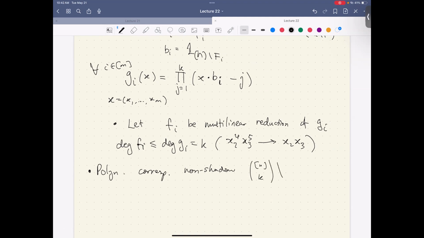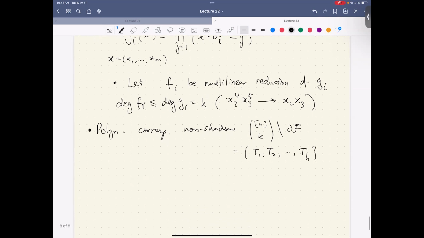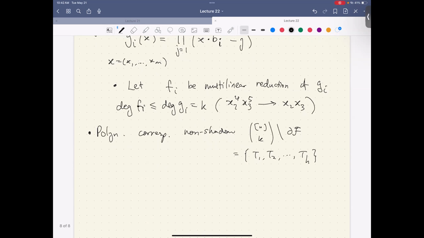All the k-th layer minus those shadow. Let's also enumerate them as sets T1, T2, up to TH, the non-shadows. Here, a natural polynomial we can correspond to, there's a natural one. We can correspond F_TI.